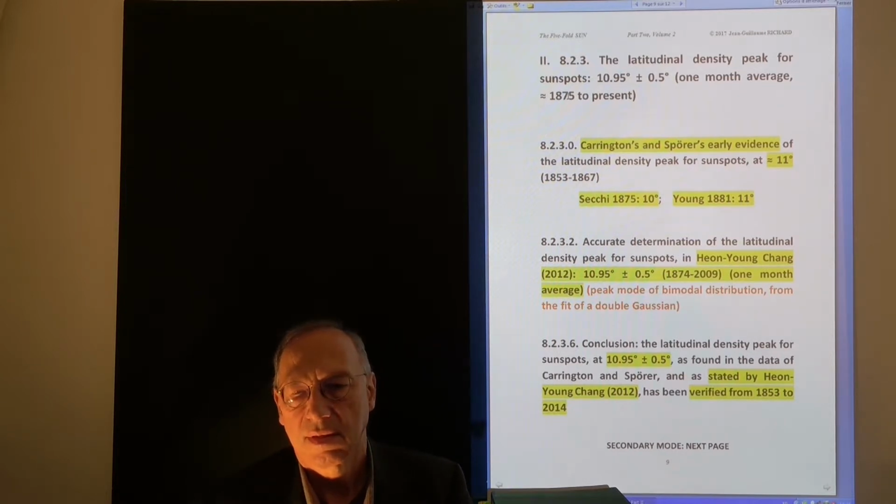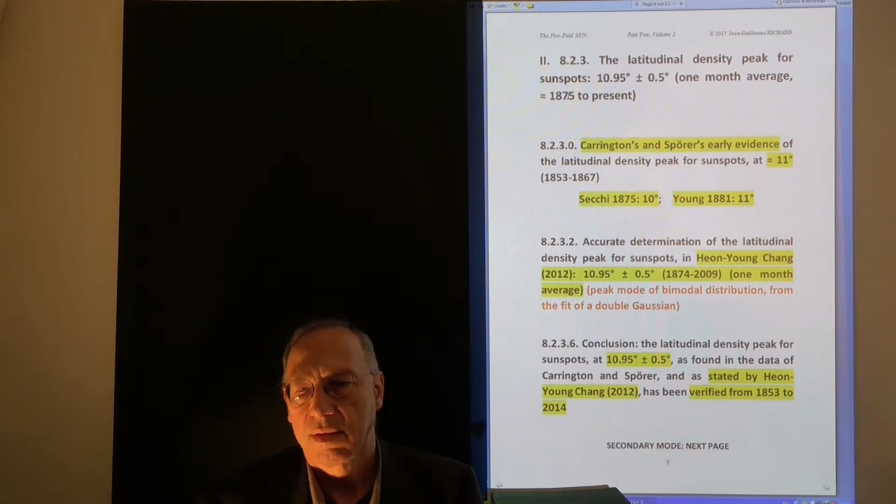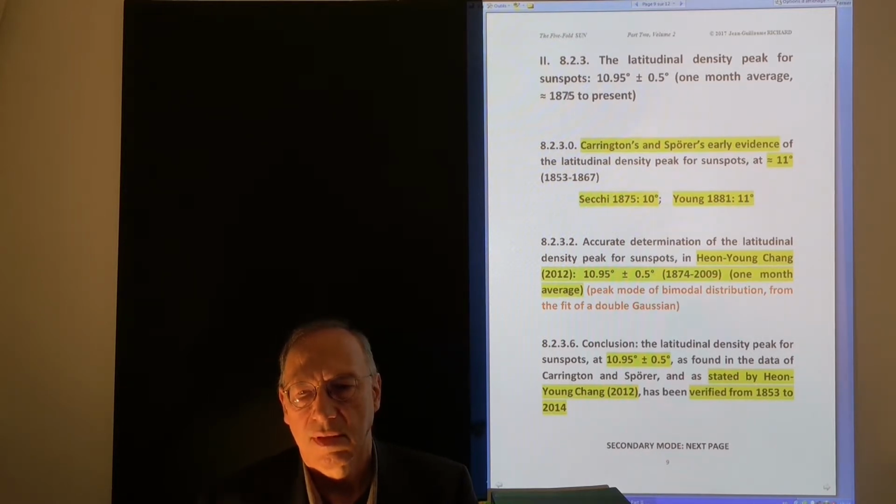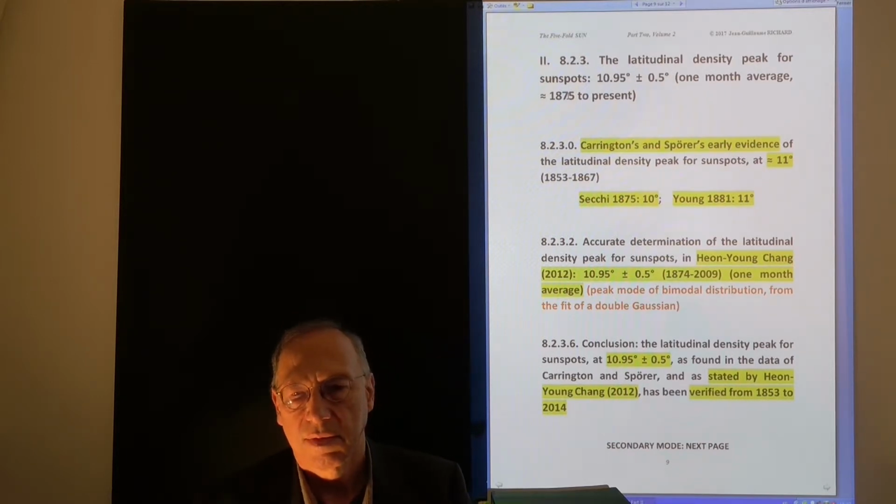It is here estimated that with 4 digits on his plots, the peak is at 10.95 degrees. In conclusion, this is about 11 degrees plus or minus a few tenths of a degree.